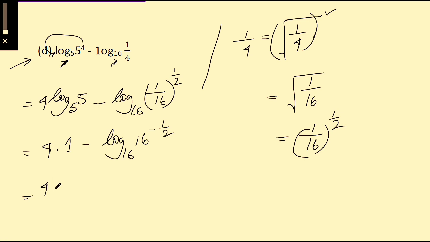So 4 times 1 it will be 4 minus, here we have power minus 1 over 2, it will come in front of log, then we will have minus 1 over 2 times log 16 to the base of 16.